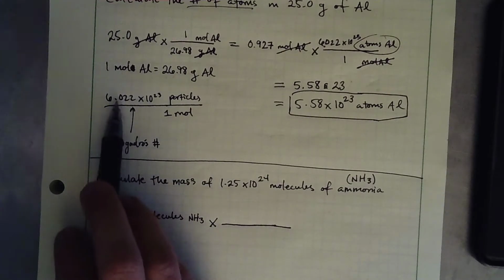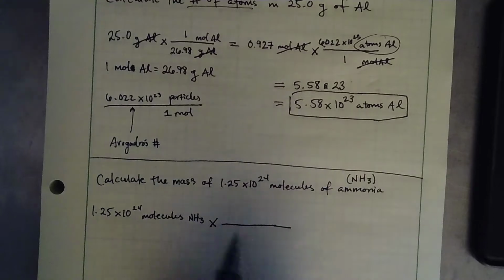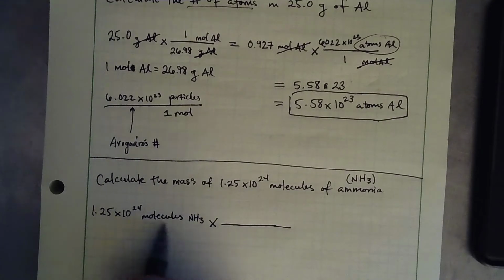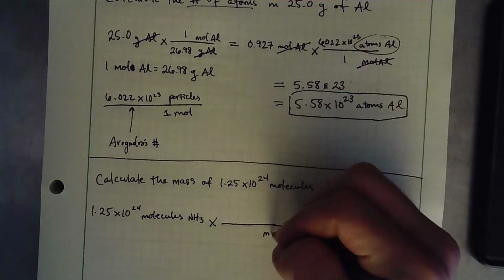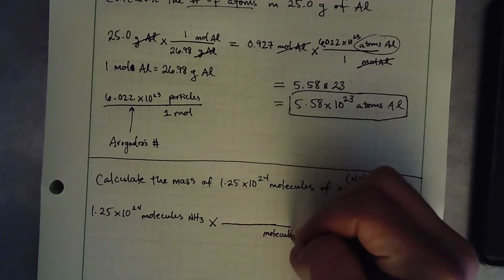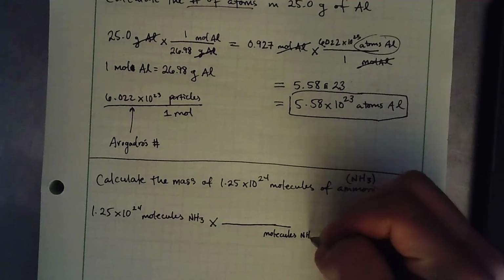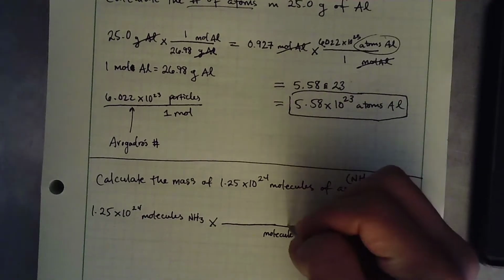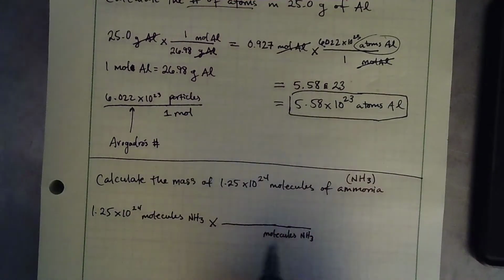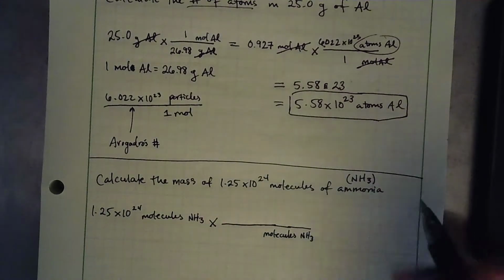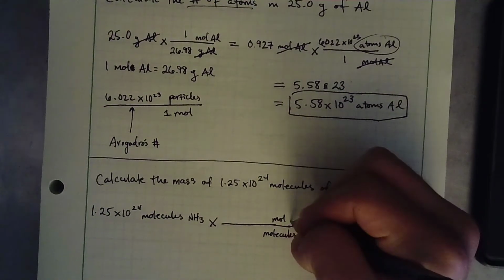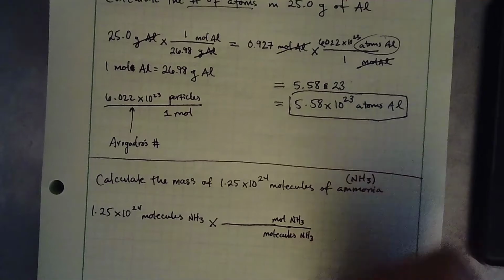That actually does make sense when you look at the units. If I have my molecules of NH3 in the numerator here, that needs to go in the denominator, and I want to figure out how many moles I have, so that's going to go in the numerator.